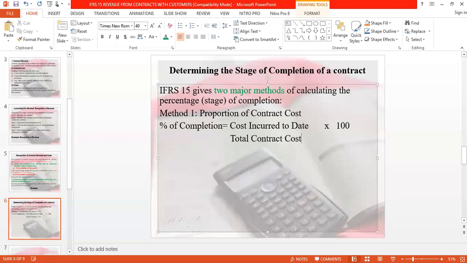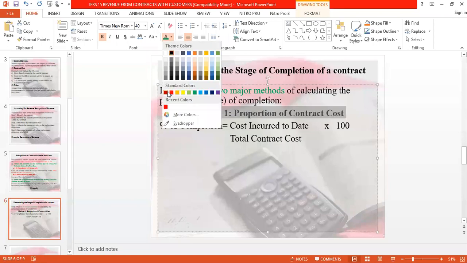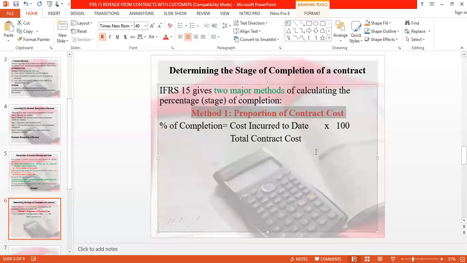This is method 1. So if the examiner asks you to use method 1, it is called proportion of contract cost. This is what you will do to get the answer.